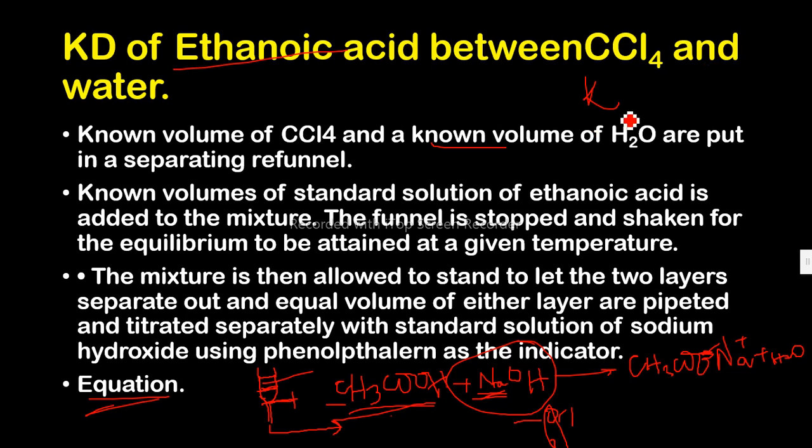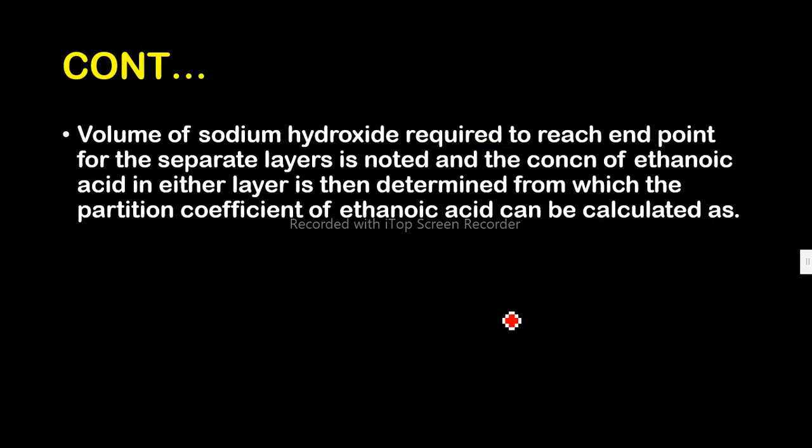or in the aqueous layer, out of the concentration of ethanoic acid in the organic, then to give us the Kd. So from this we can determine the concentration of ethanoic acid, and then from the concentration we shall get our Kd.